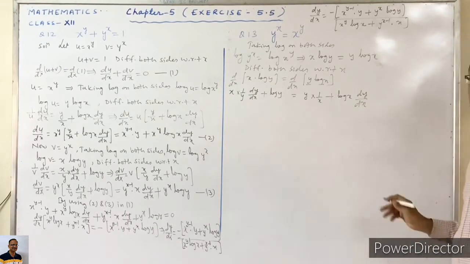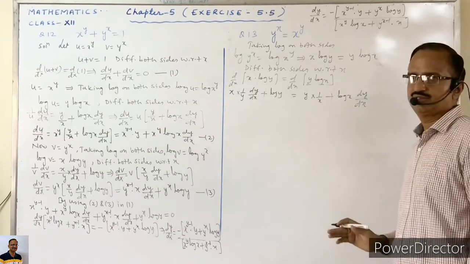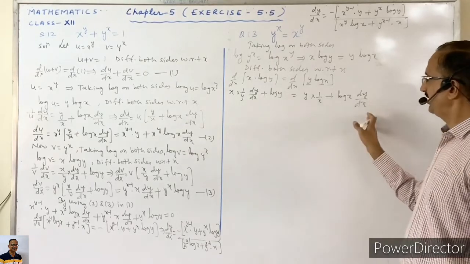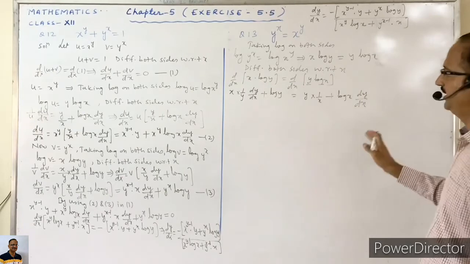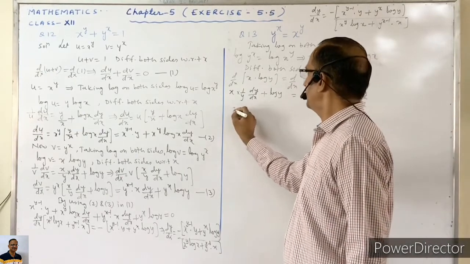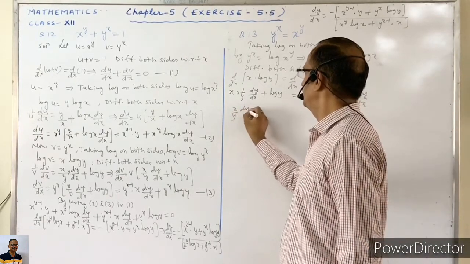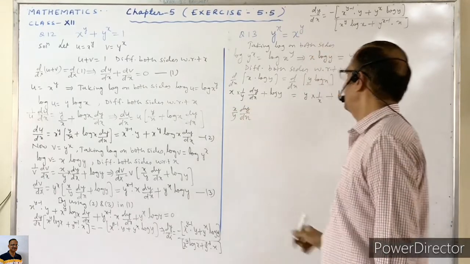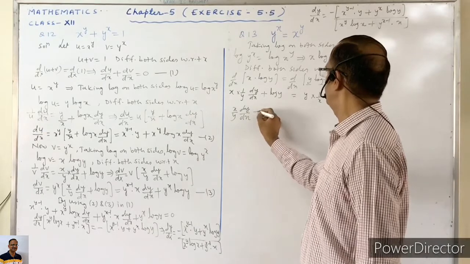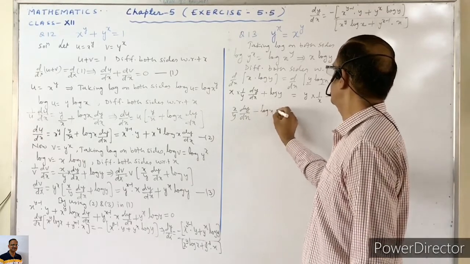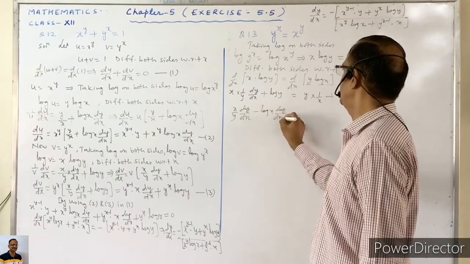Now we will collect the like terms. The terms containing dy by dx on the left side and the other terms on the right hand side. So this is x by y dy by dx, and we will transfer this term on the left hand side. Then we have minus log x dy by dx.